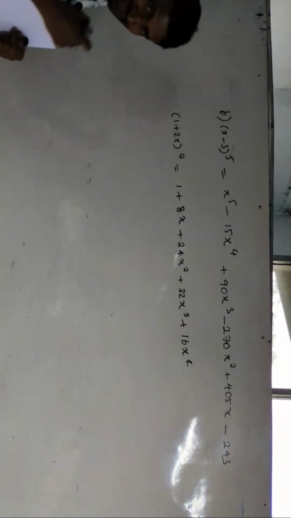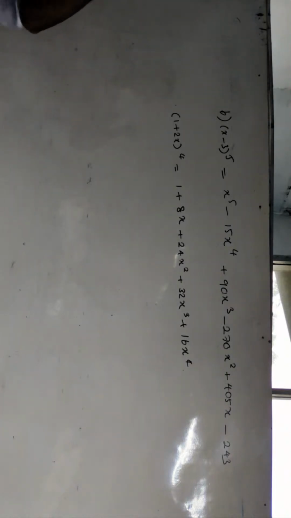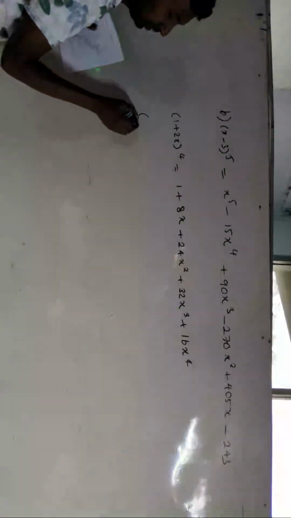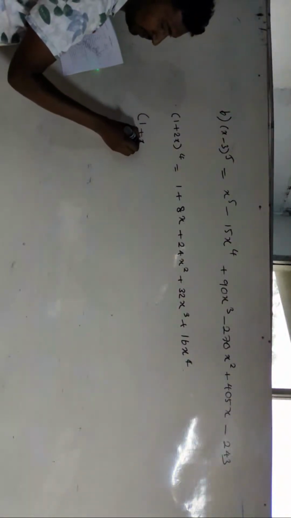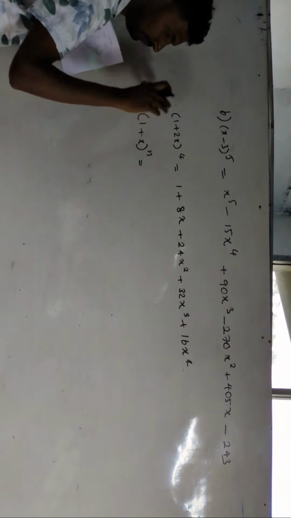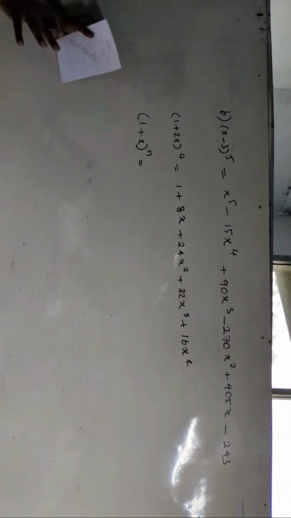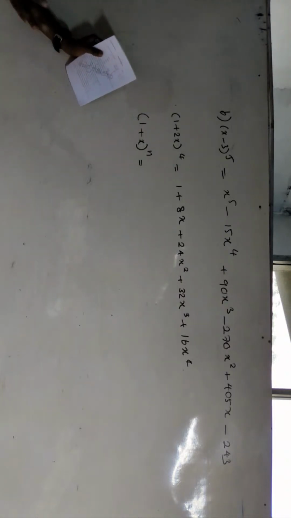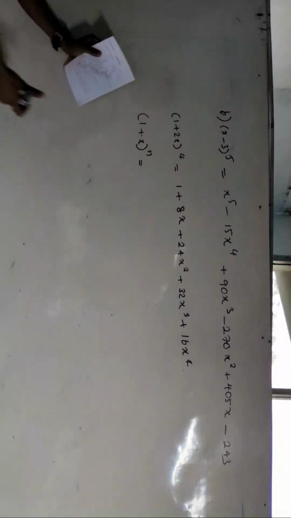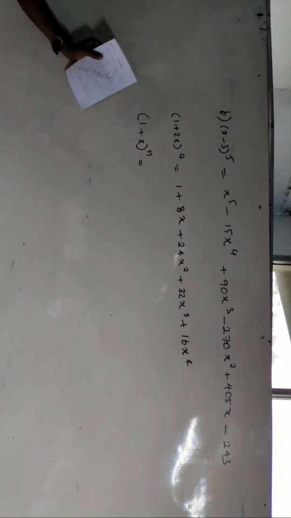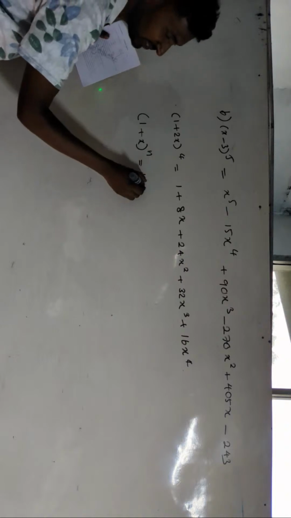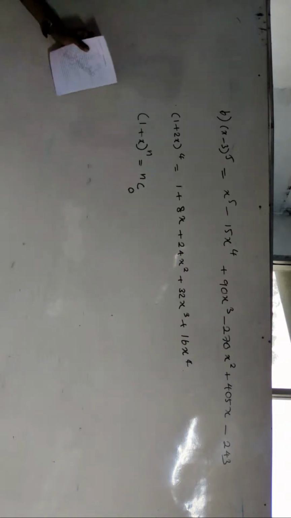Now the next thing. Next thing is if there is 1 here, that means 1 plus x to the power of n. If you get this kind of expansion, that is easy. The reason is, you can see here, nC0, 1 to the power of n.